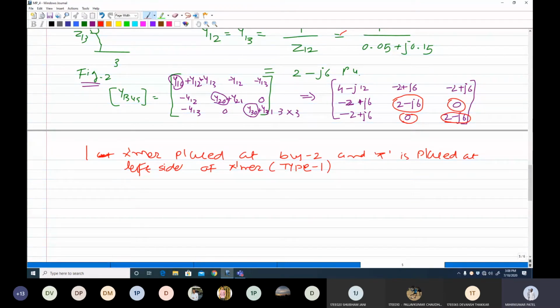So we can directly calculate Y23. For that, again I will draw the equivalent pi network for figure number 1, considering the transformer.